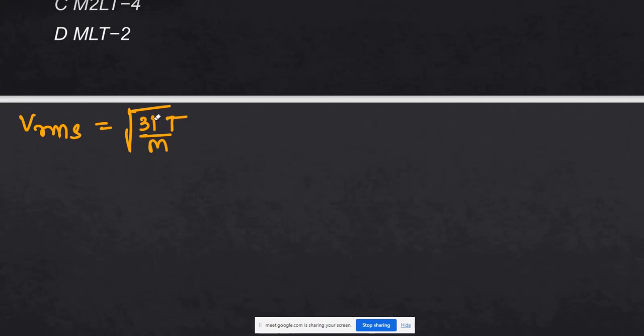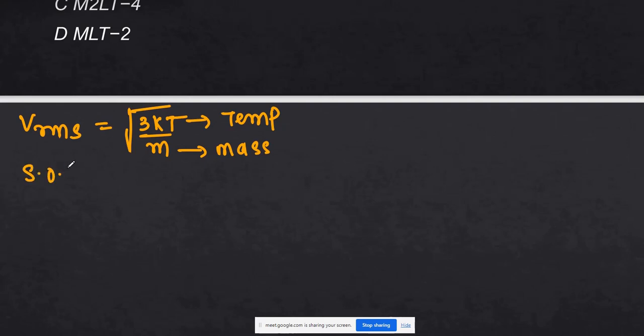Let us take individual mass. You take mass of one molecule, then it becomes 3kT by M in terms of the Boltzmann constant. Here M is mass, T is temperature, and K is the Boltzmann constant. From this we will get the units of K.